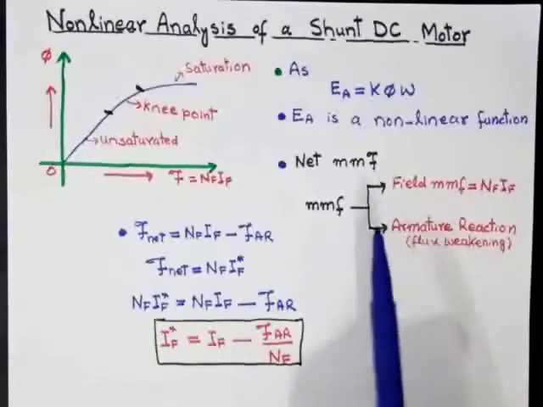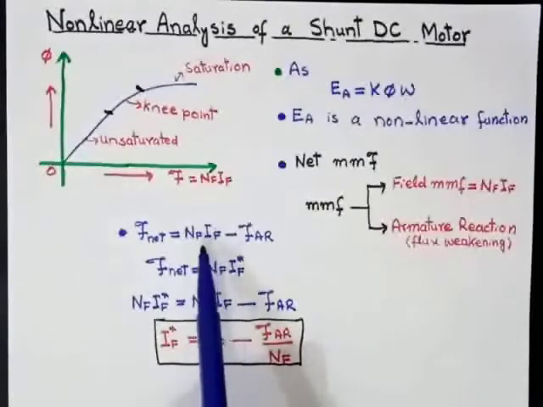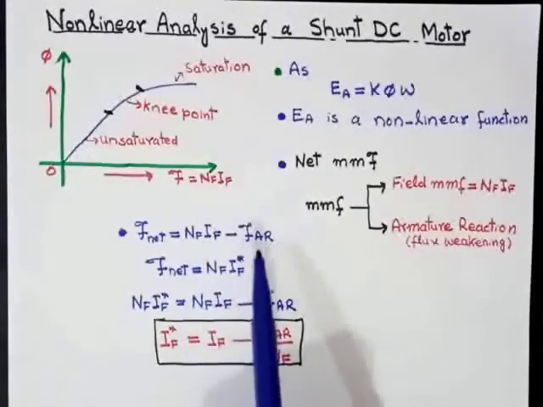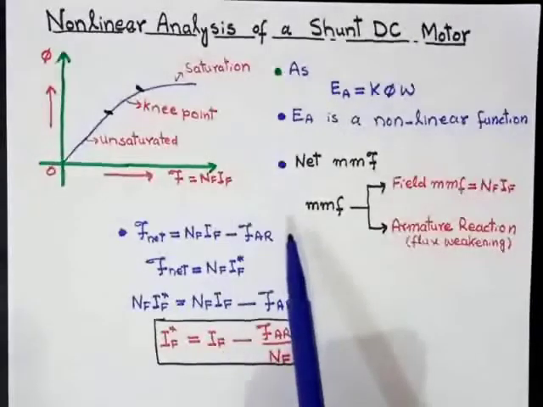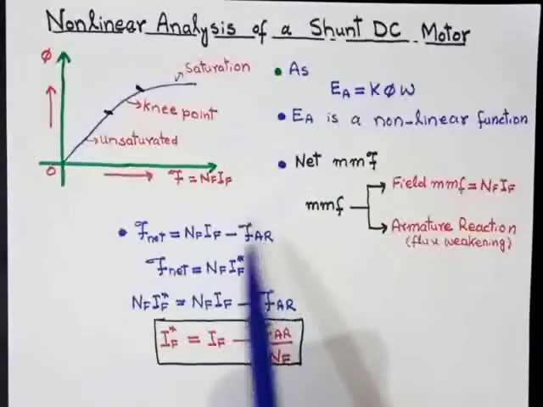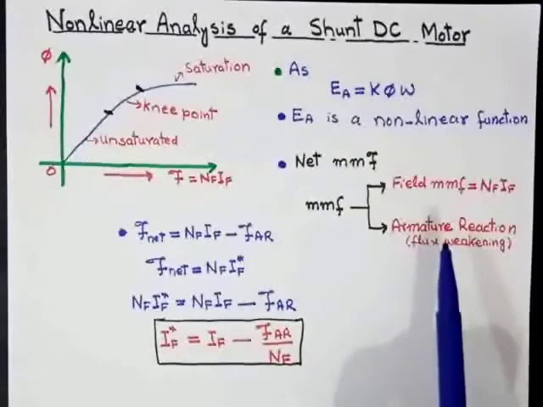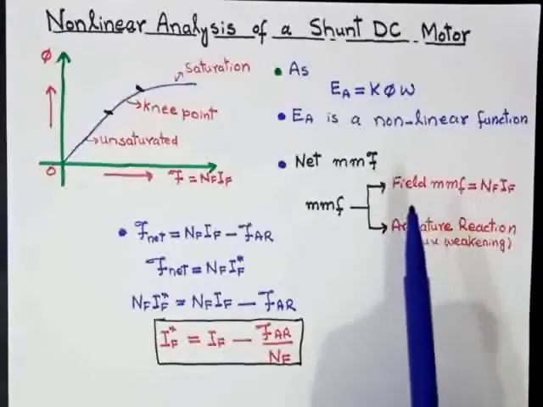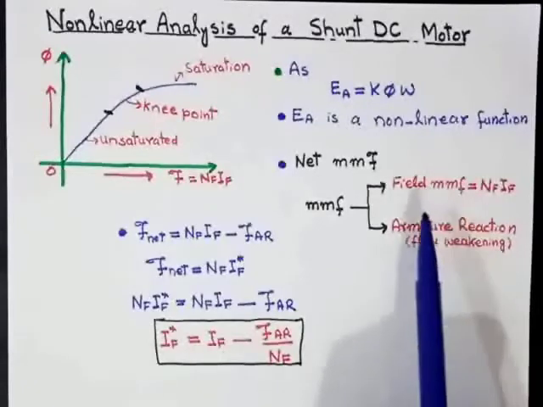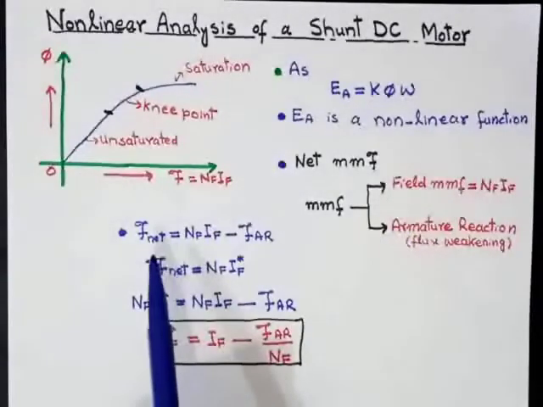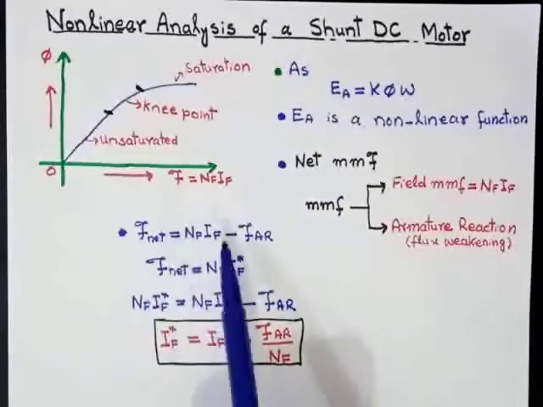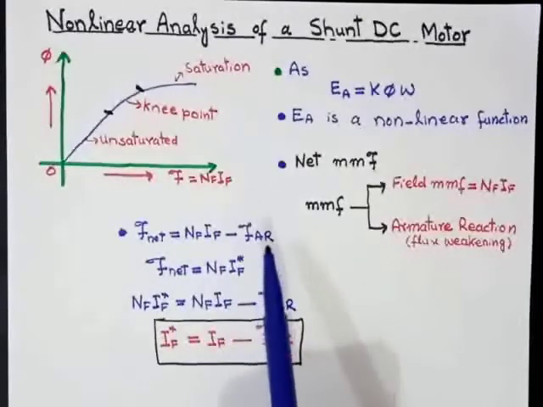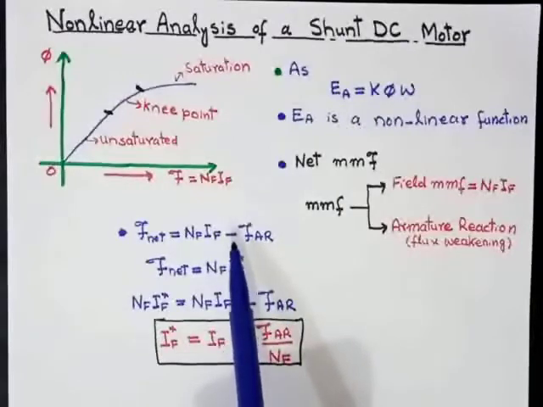Therefore, the net magnetomotive force will be equal to the magnetomotive force due to field minus the magnetomotive force due to armature reaction. Minus means the armature reaction magnetomotive force will oppose the main field magnetomotive force. That's why the net magnetomotive force is NF into IF minus the armature reaction magnetomotive force.